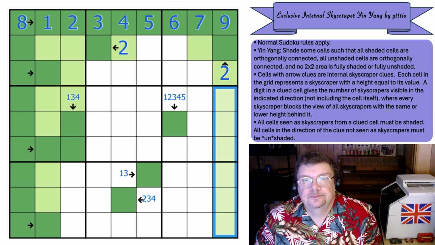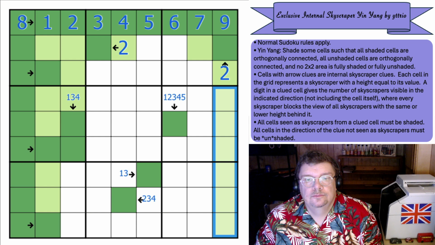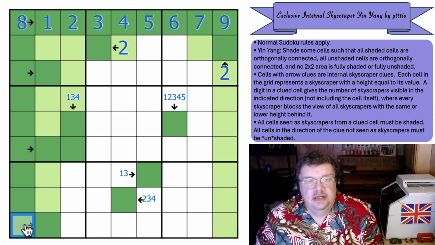Okay. So now any shadedness that comes along here is all going to be contiguous because of this unshaded cell. Okay.